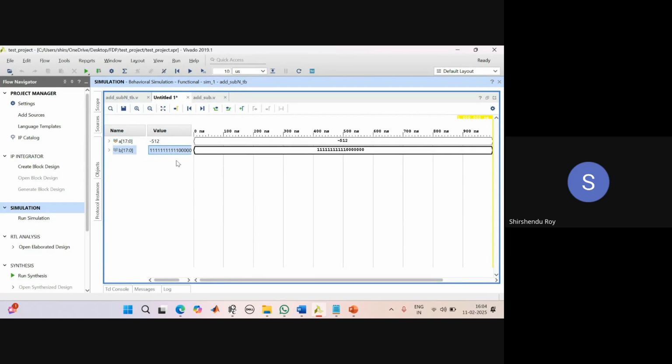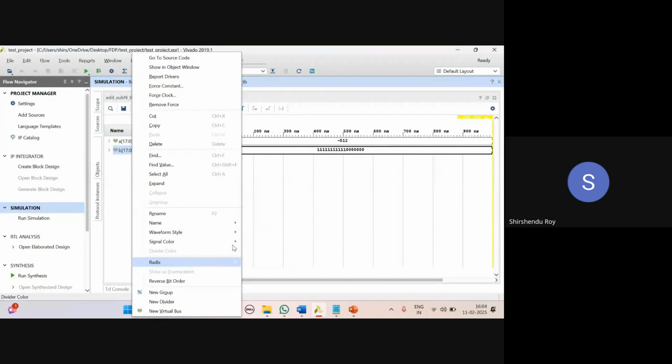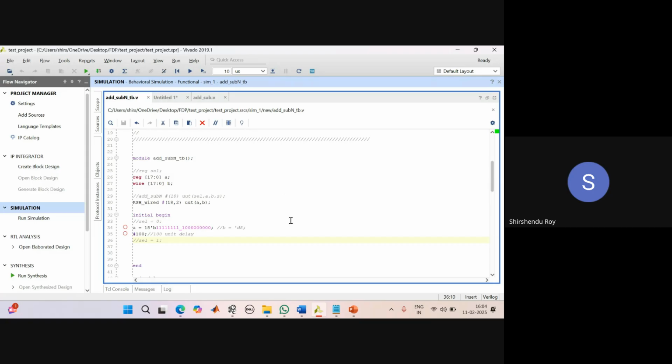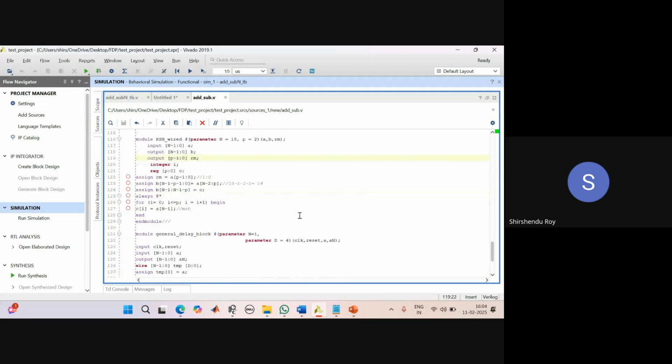After shifting, I got here the negative number only. So 512 divided by 2 will get minus 128. Clear? So this is the block for signed shifting.